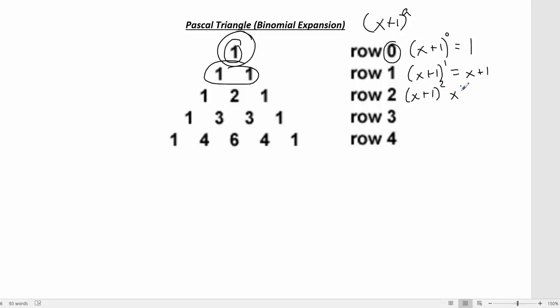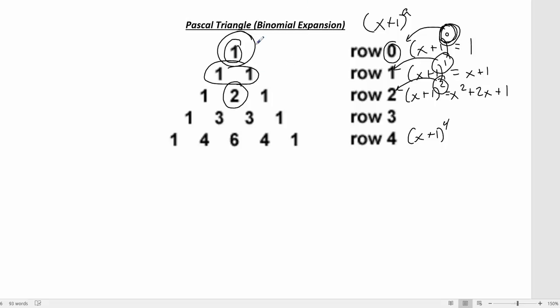Remember, it was x squared plus 2x plus 1. Well, where did I get the 2 from? Guess what? There's that 2 right in here in our actual triangle. That's where that 2 comes from. That's the middle term. And I can keep going through. So these numbers up here correspond to the rows that I'm dealing with. So this is row 3, this is row 4. That means I have a binomial raised to the 4th power, and so on.